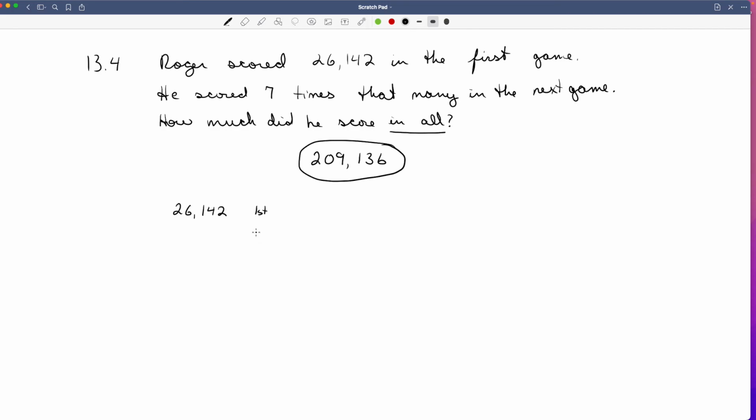In the next game, we'll call that the second game, he scored 7 times that many. So we could take 26,142 times 7 to find out how many he scored in the next game. 7 times 2 is 14, carry 1, that's 28, 29, carry 2, that's 9, 7 times 6 is 42, carry 4, that's 7 times 2 is 14, plus 4 is 18, so 182,994 points in the next game.